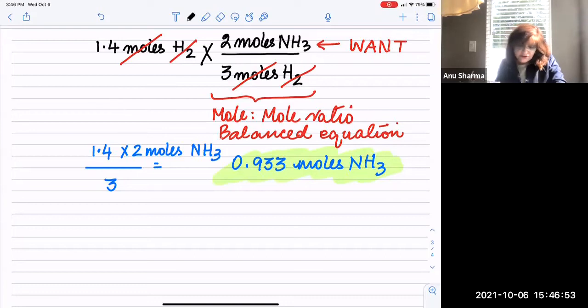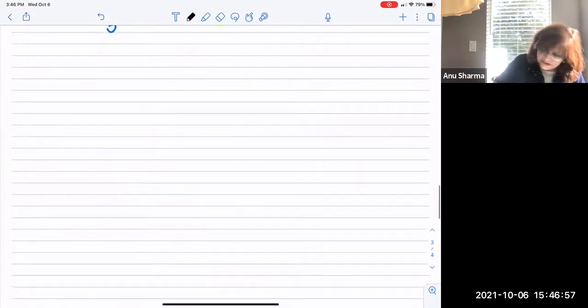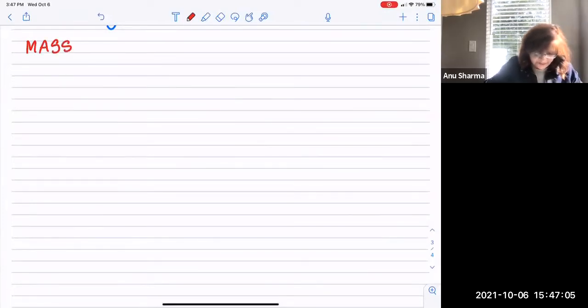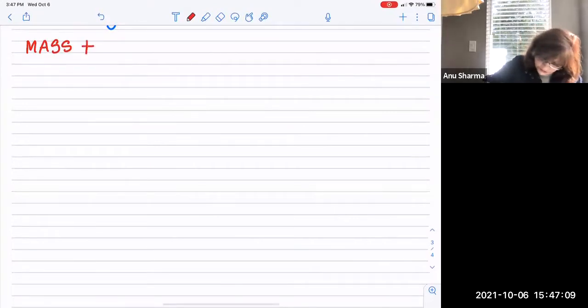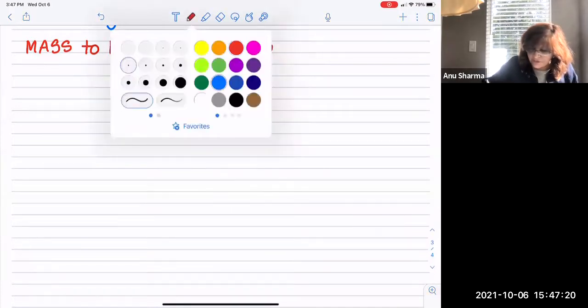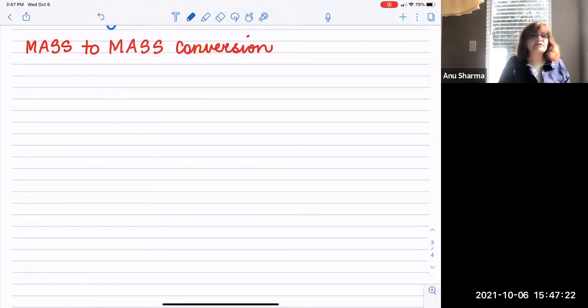But in case you're not given the moles, you're given the mass, then what do you do? So let's look at this. The next piece is the mass to mass conversion. Whether it's the mass of a product or the mass of reactants, it's all those.